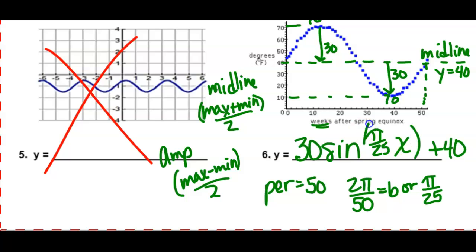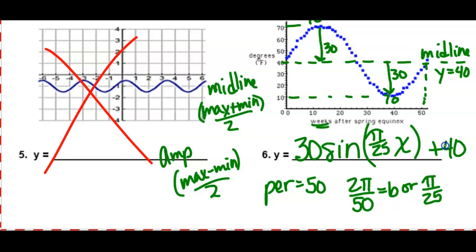And you can put parentheses if you want. All right, so 30 was above and below, it was sine because it started at the middle. It finished a period at 50, so we had to do 2 pi over 50 to figure out pi over 25 went into the equation. And it was shifted a midline up at 40.